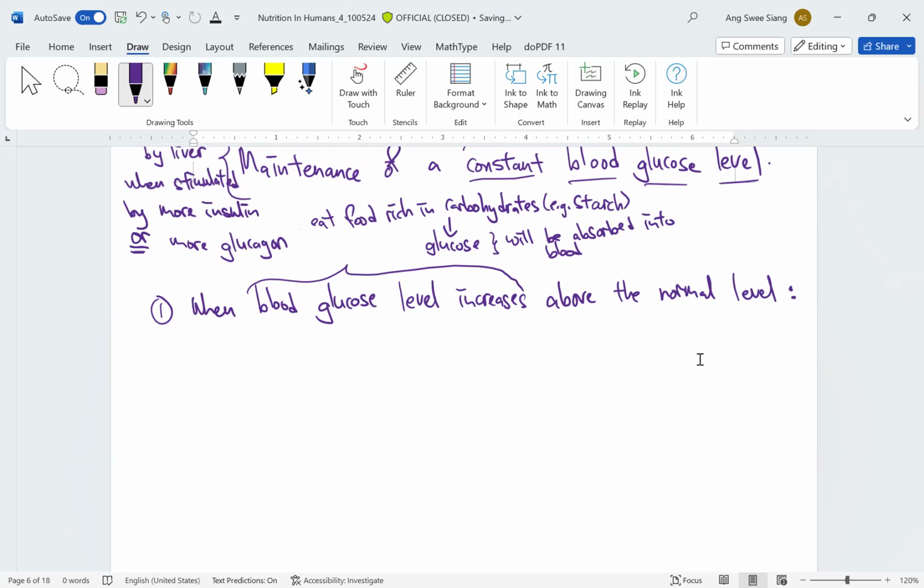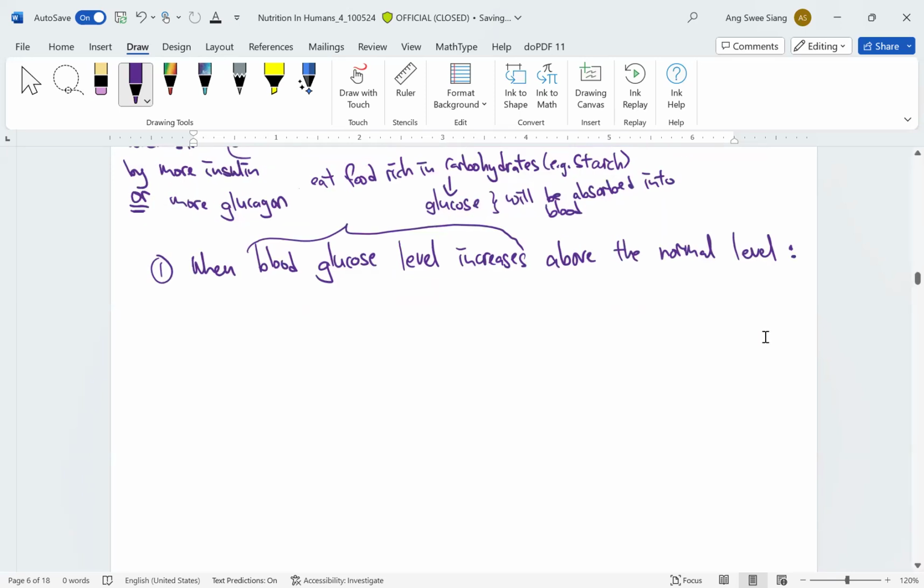So when blood glucose level increases above the normal level, step number 2, the pancreas will detect this change and secrete more insulin into the blood.